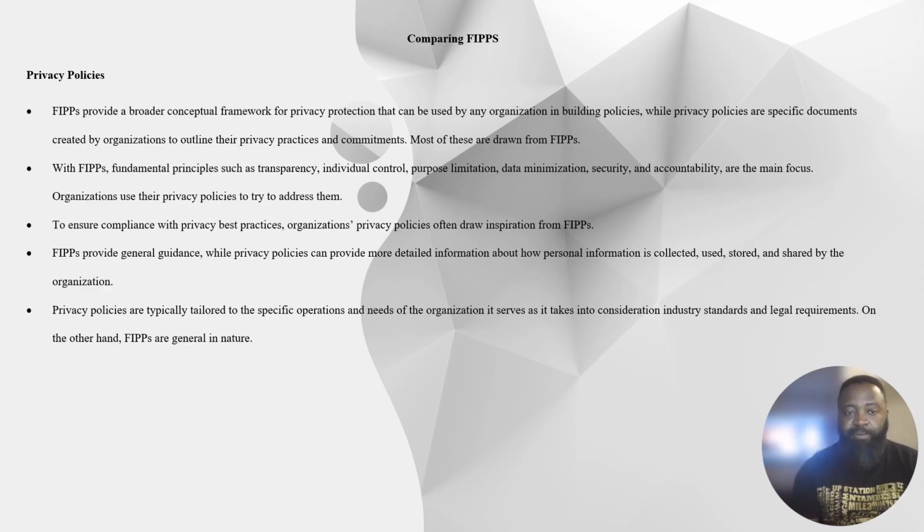But what FIPPS does is give you guidelines on how to share PII. It won't tell you the exact way to share it. It won't tell you the exact tool to use, but it will tell you to use protected or secure tools. So privacy policies are typically tailored to the specific operations and needs of the organization itself, as they take into consideration industry standards and legal requirements. On the other hand, FIPPS are general in nature.